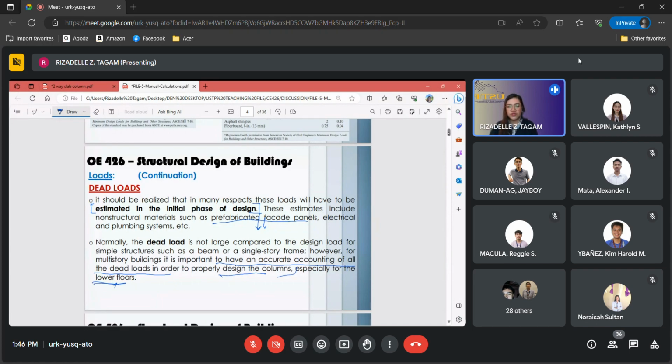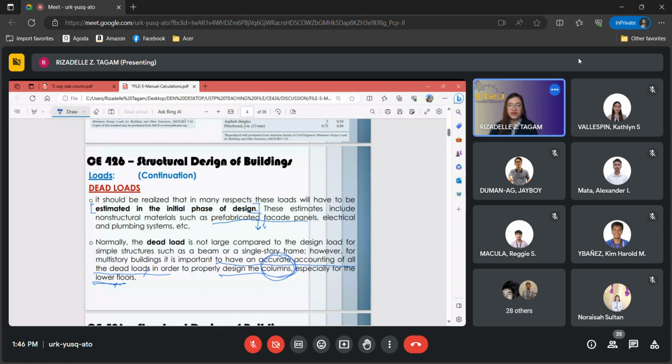Especially the columns, because the column on the ground floor carries the majority of the dead load of our structure. Even more so in a high-rise building, all the weight is carried by the ground. So all dead load on the upper floors must be considered.